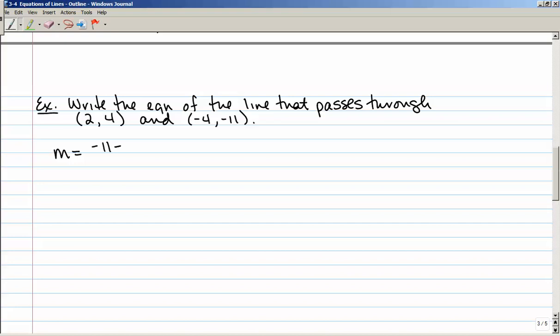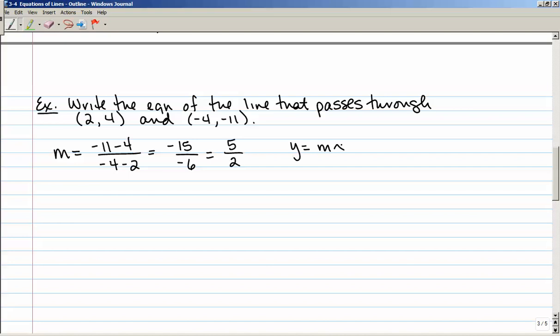So -11 minus 4 over -4 minus 2, or -15 over -6, which reduces to the fraction 5/2. So my slope is 5/2. Now I need to find my b, my y-intercept.